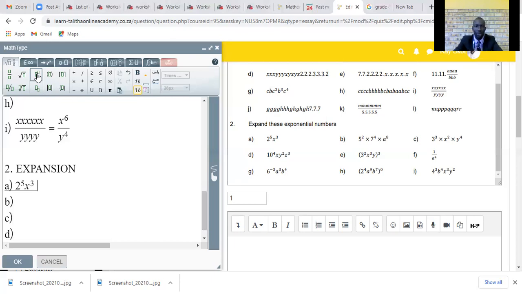Now the next question is B. And in B, what we want to do is to expand. What do we expand? We have a 5 multiplied with what? A 7. And this 7 is multiplied with 1a.